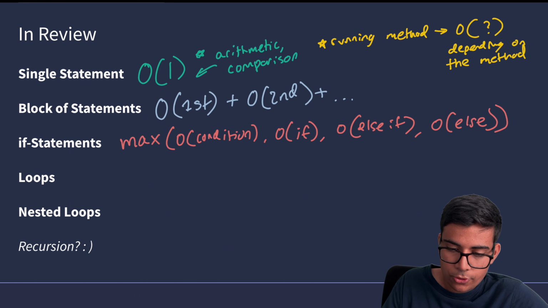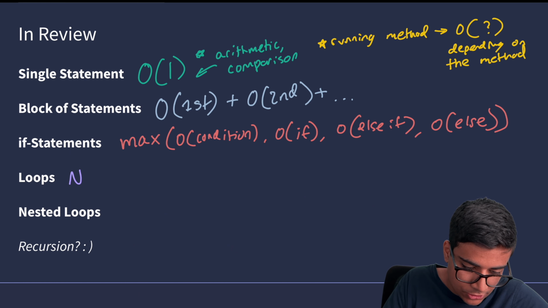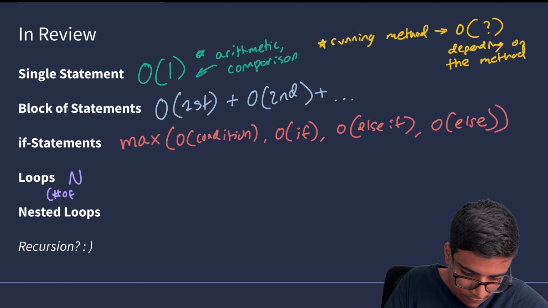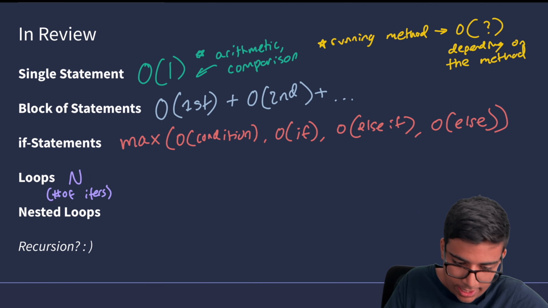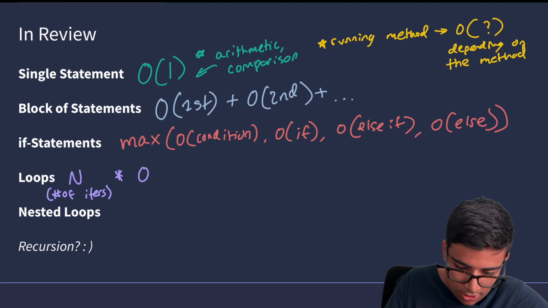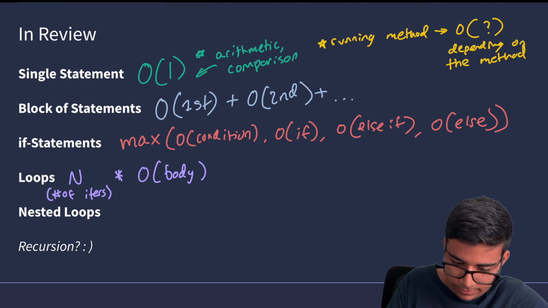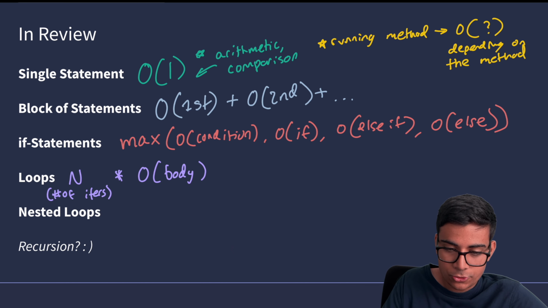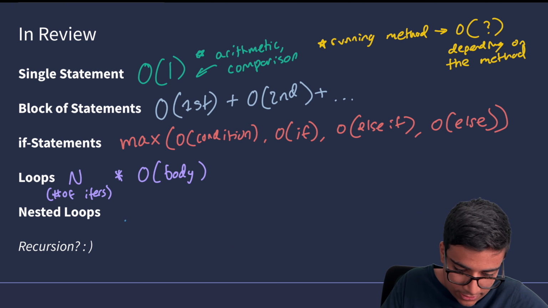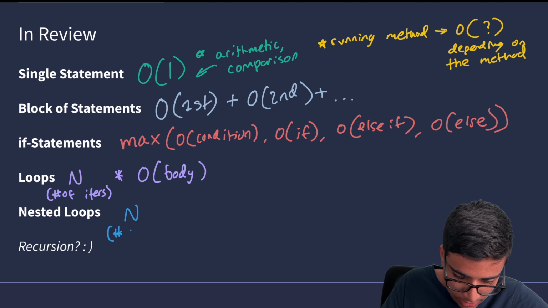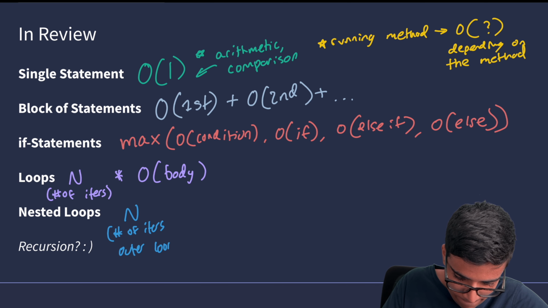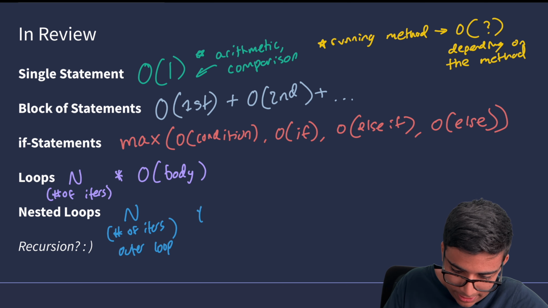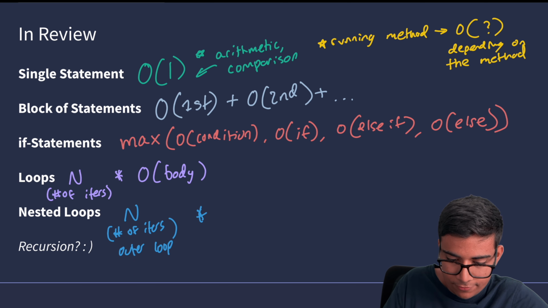For loops, you're going to have n, the number of iterations, times the O of the body of the loop. And lastly, if you have a nested loop, you're essentially going to do the same thing, where this is going to be n, the number of iterations of the outer loop, times the entire O complexity of the inner loop.